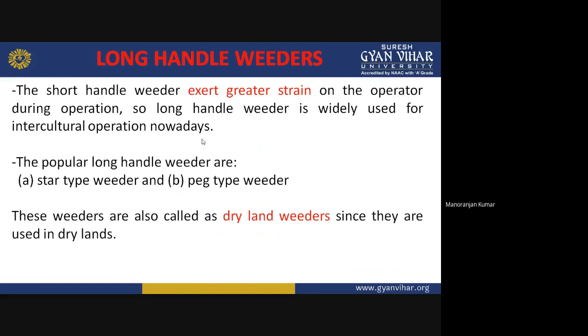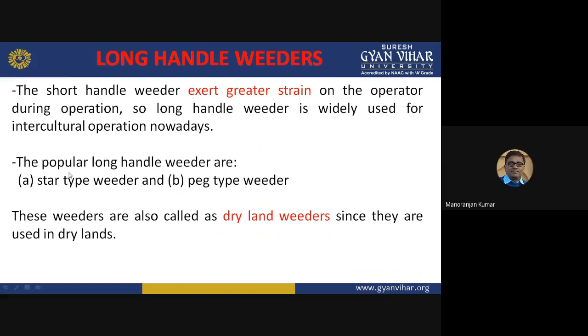So the long handle weeder is widely used for intercultural operation nowadays. The popular long handle weeders are, first, the star type weeder and second, the peg type weeder. These long handle weeders are generally used in dry land areas, so these weeders are also called dry land weeders.